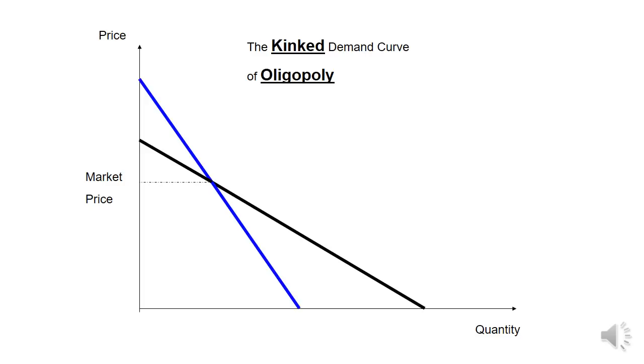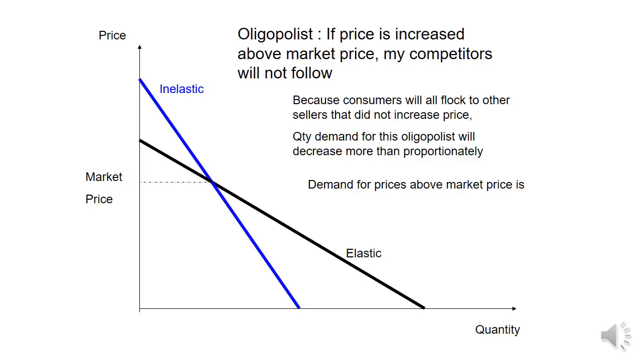Now, to the oligopoly seller, there's a market price. From the market price, the oligopoly seller will be thinking, if I increase my price, my competitors, who are not friendly to me, will definitely not follow, because we are competitors. So when they see me increasing price, they will just let me increase price on my own.